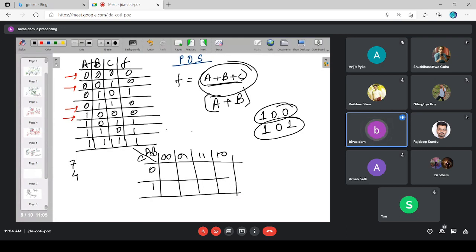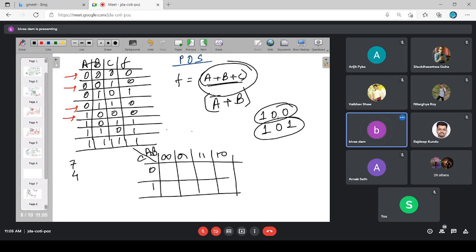That's why I am saying that if one particular sum term consists of all input variables, in that case, due to that sum term, the maximum number of cells in the Karnaugh map will get occupied by logic 1 value.